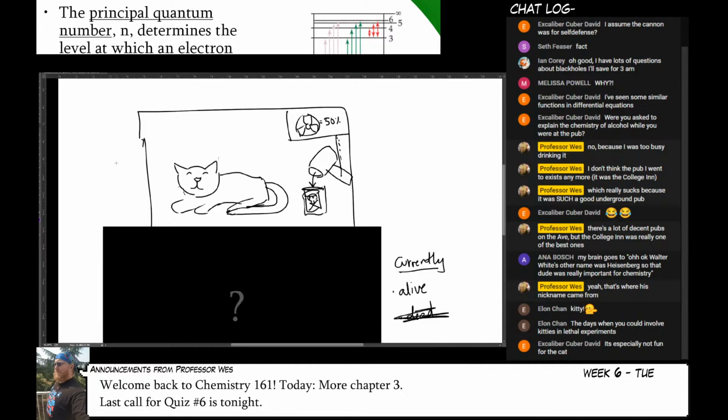And so Schrodinger said that, okay, that is absurd. There is no way that the cat is both alive and dead in a box until I open it and then suddenly it's one or the other. That doesn't make any sense. The cat could be dead long before I open the box. And the key word there is could.